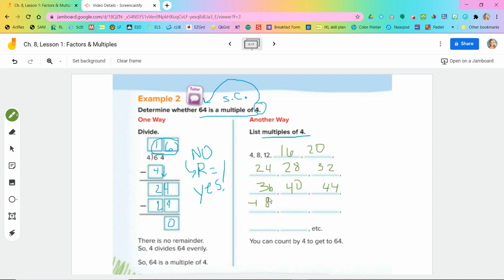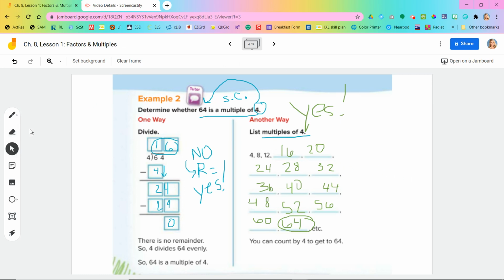Now, once I get to 4 times 12, I don't know these off the top of my head, so I need to skip count up by 4: 48, 52, 56, then 60, then 64. So since I landed exactly on 64, that means that 64 is a multiple of 4. So yes.